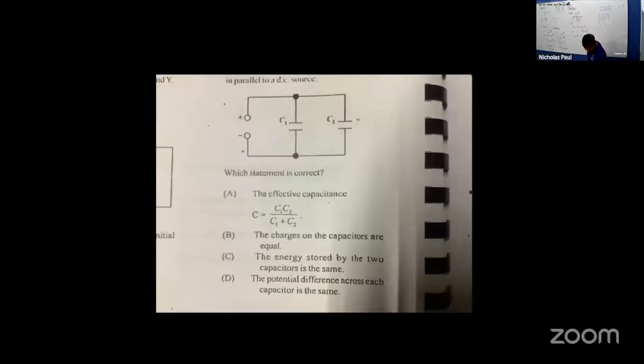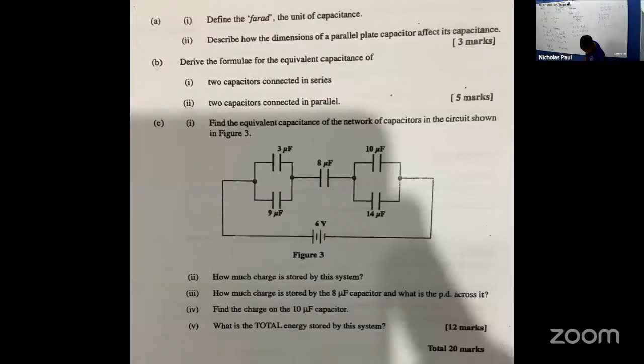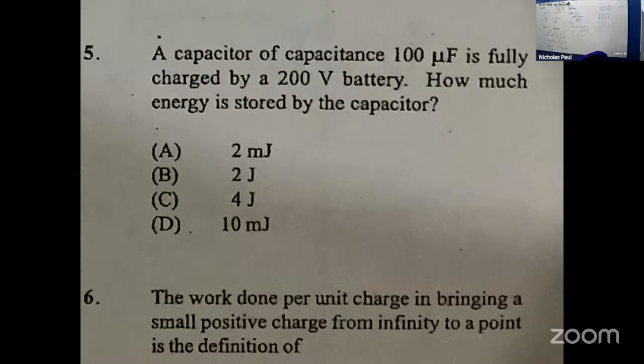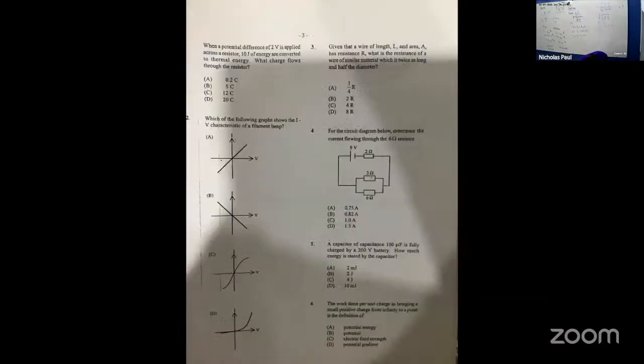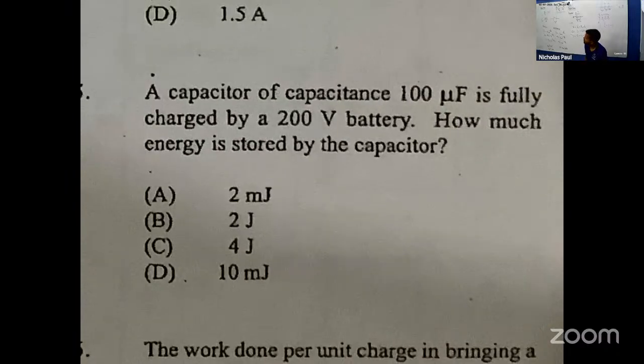One more thing. Alright. This one is kind of easy, but what's the answer for this one? 100 microfarads, right? And they give you the voltage. What's the energy stored?